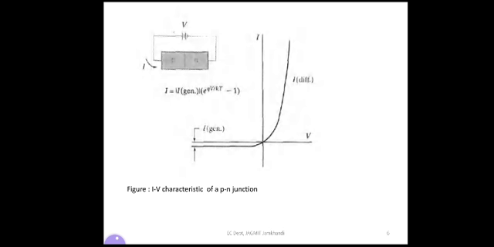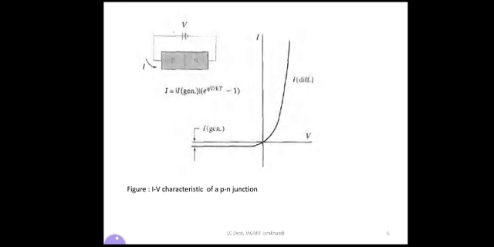In this figure, you can see the IV characteristics of the PN junction, in which the current flows relatively freely in the forward direction of the diode.